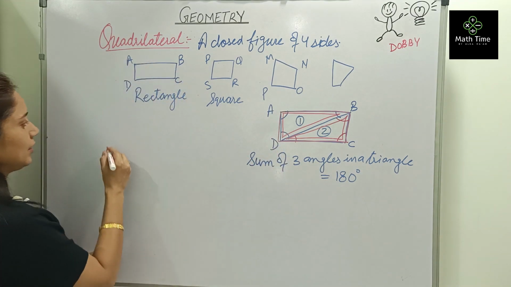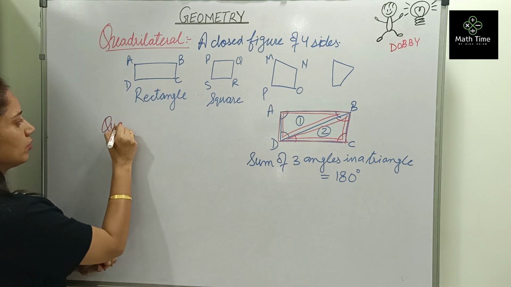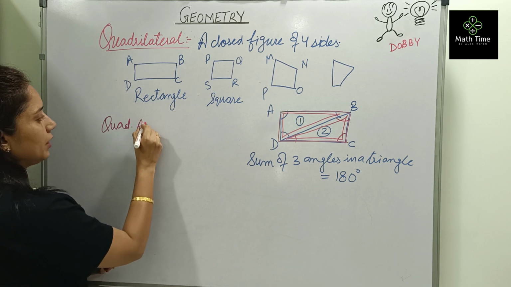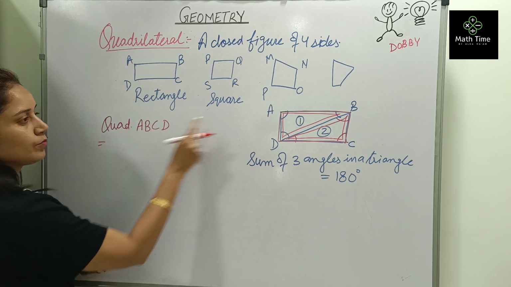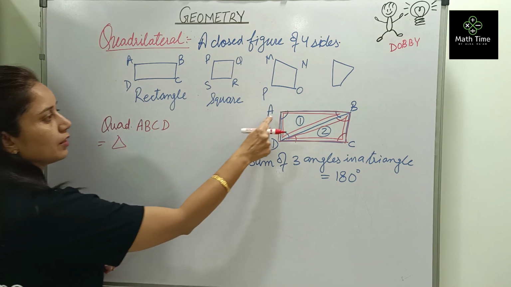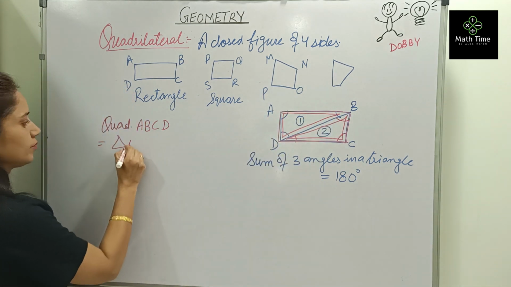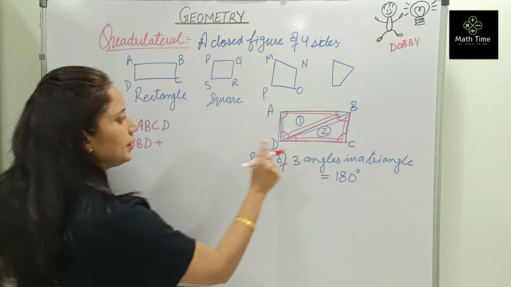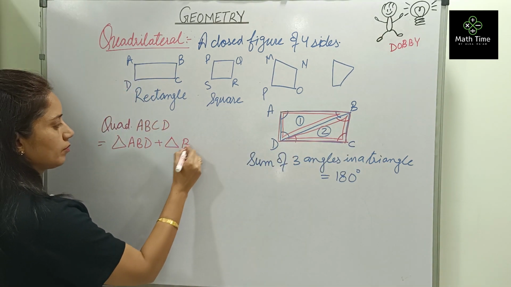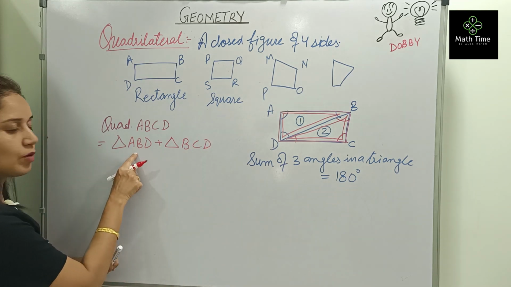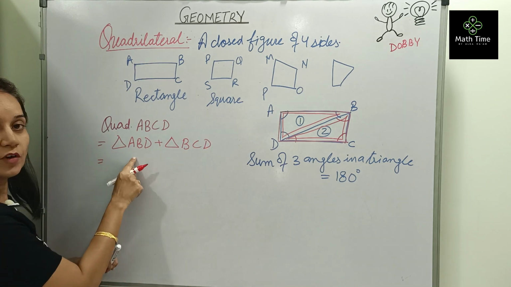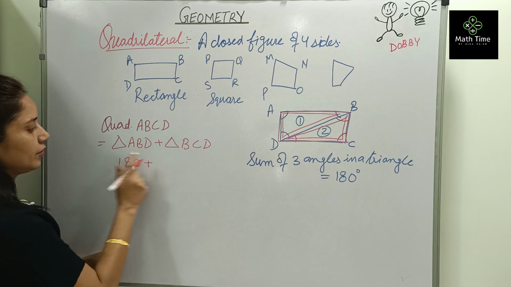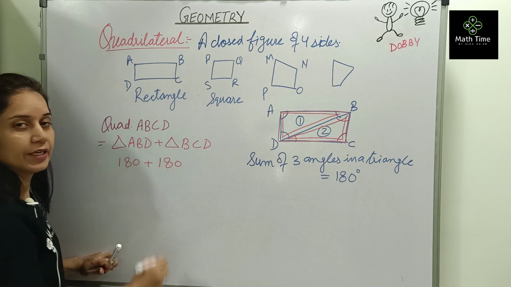So how can we write it? This is the short form for quadrilateral. Quadrilateral ABCD is equal to triangle ABD plus triangle BCD. Okay. Now the sum of three angles of the first triangle is 180 degrees, plus the sum of the second triangle is also 180 degrees.